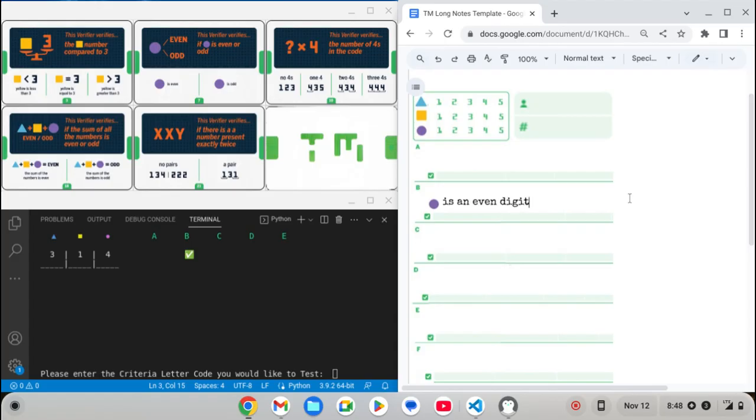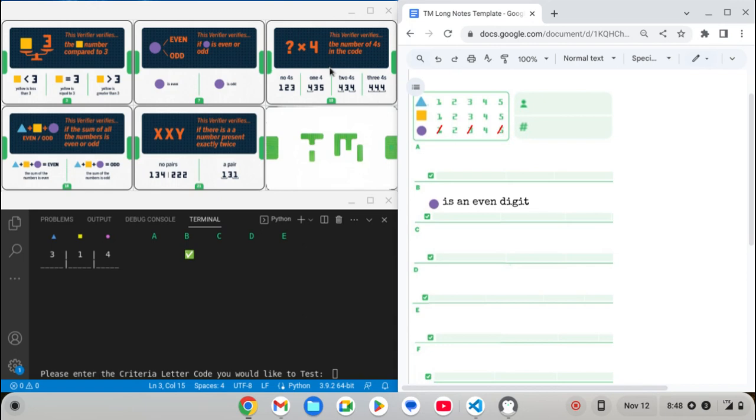And of course, since it is even, we can go ahead and cross out all of the odds. So we can cross out 1, 3, and 5.